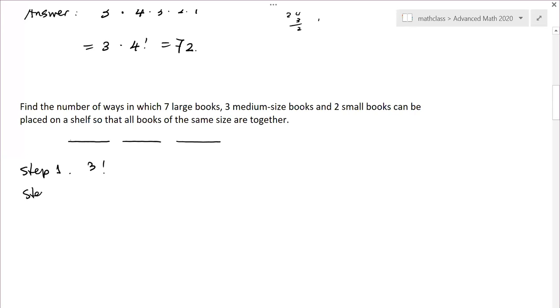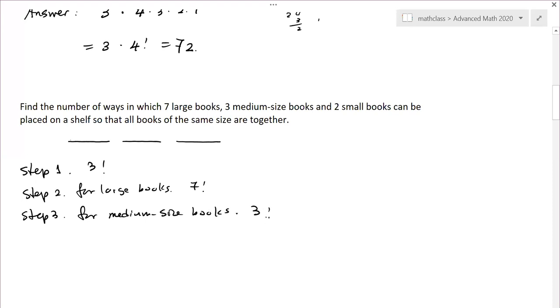Then step 2 is for the larger books. Among the larger books, you can permute 7 books, so that will be 7 factorial. And step 3, for the medium-sized books, it doesn't matter where they are, but you have 3 factorial permutations.